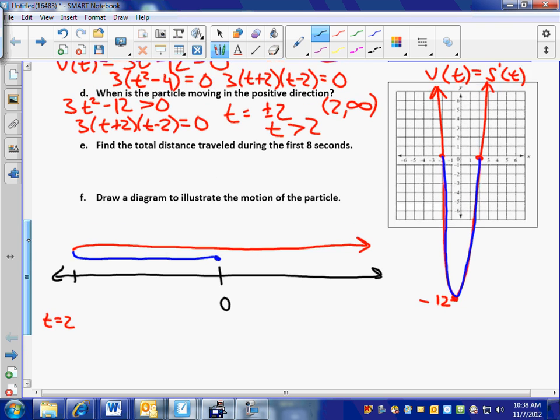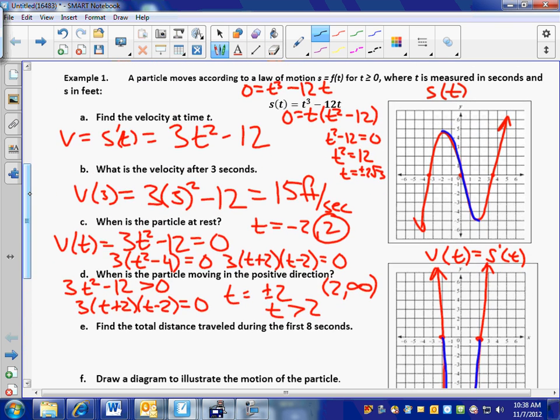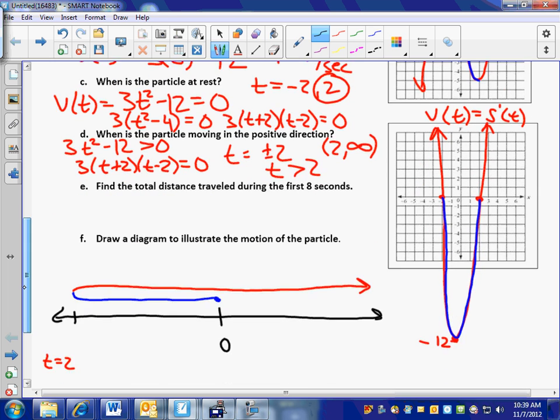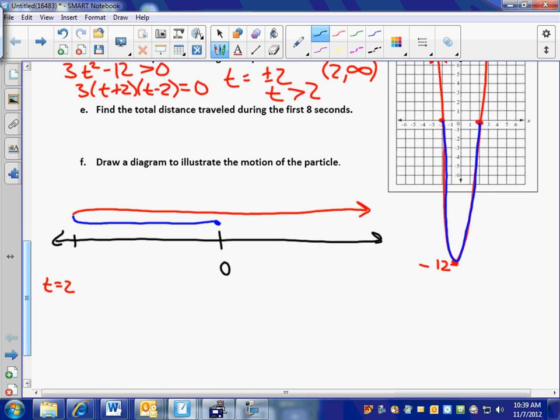Position function. So we look at our position function here, t to the third minus 12t. We plug in 2. What's 2 to the third? 8. Minus 24 is negative 16. So this particle, again, has negative velocity right away, so it's traveling towards the left, and it goes all the way over to negative 16 on this number line.